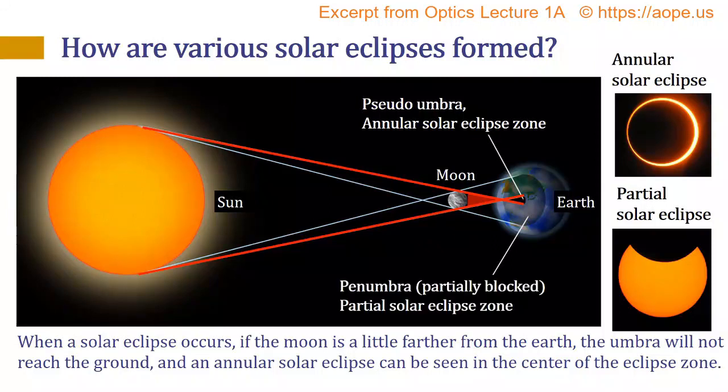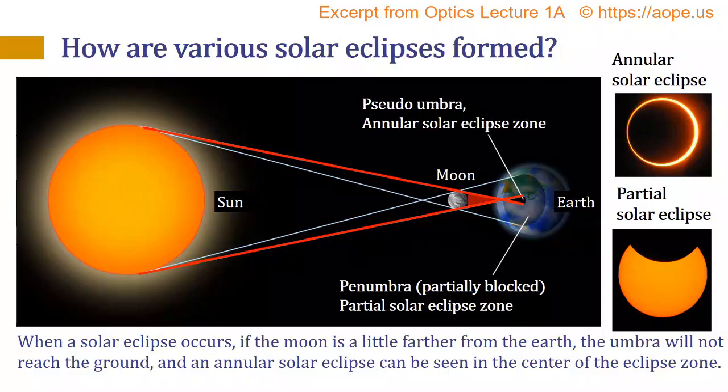At the same time, people in this surrounding gray penumbra area still see the partial solar eclipse. By looking at the size of these different zones, now you understand why the chance to see a total solar eclipse or an annular solar eclipse is much smaller than the chances to see a partial solar eclipse.